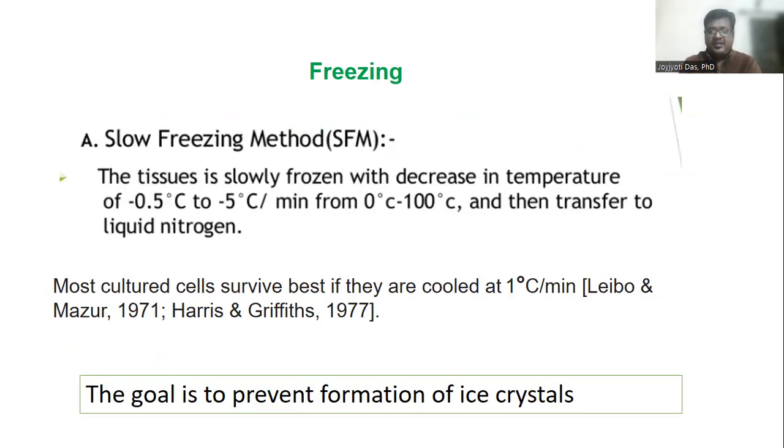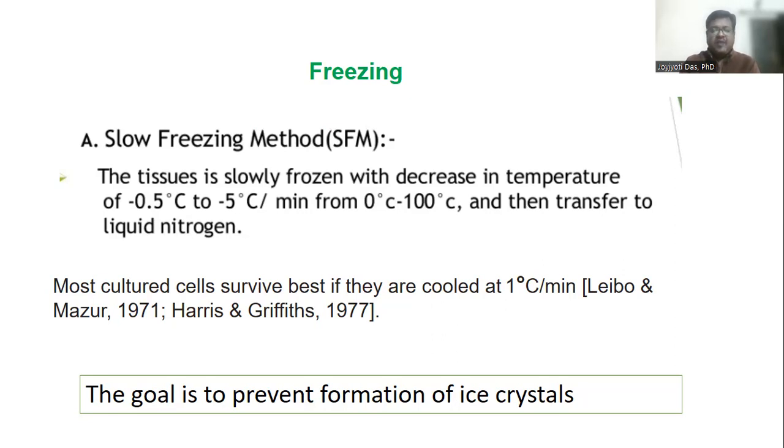If the tissue is slowly frozen, with decreasing temperature of say minus 0.5 to 5 degrees Celsius per minute from 0 to minus 100, and then transferred to liquid nitrogen, then the biological sample of interest will stay intact for an extended period of time. Most cultured cells survive best if they're cooled at 1 degree Celsius per minute.